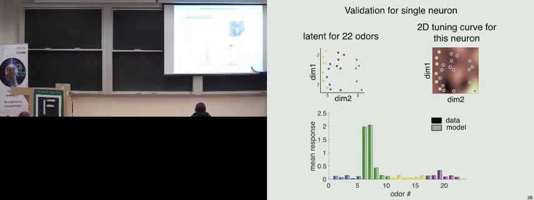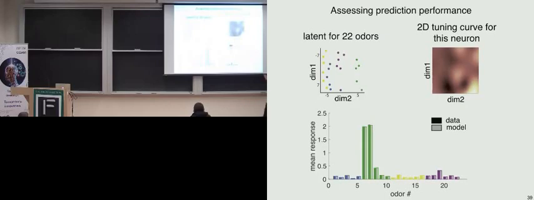So we can see the predicted value is pretty close to the true value, showing that the latent space and the tuning curve together account for the true neural data well. Okay, so this is a validation procedure we can do.